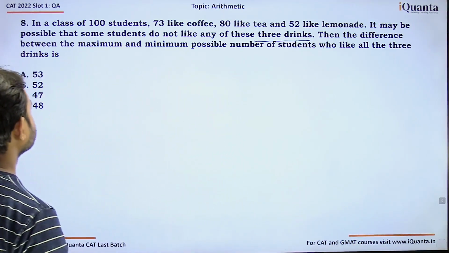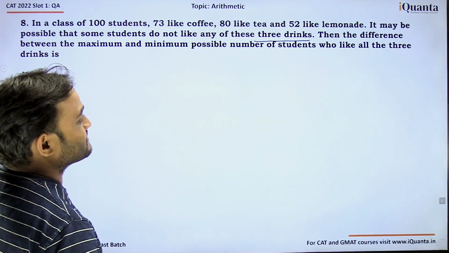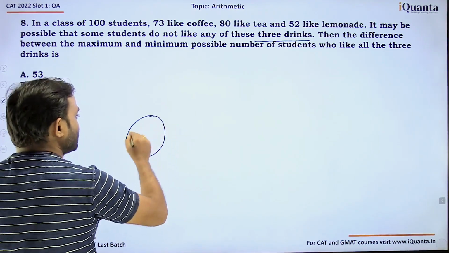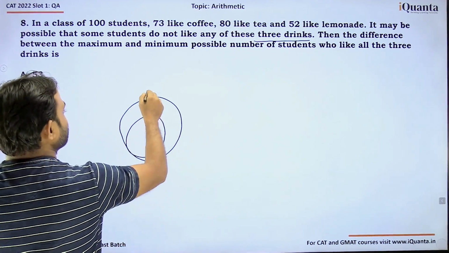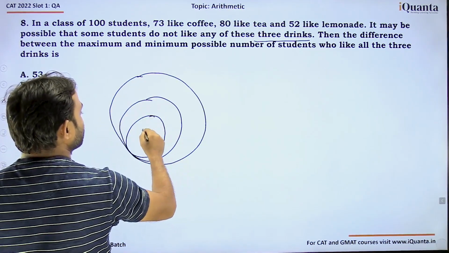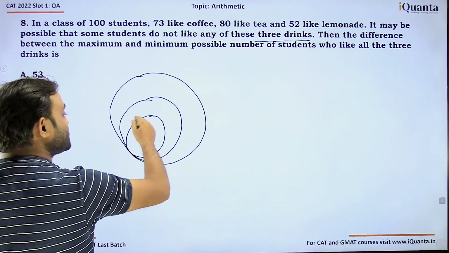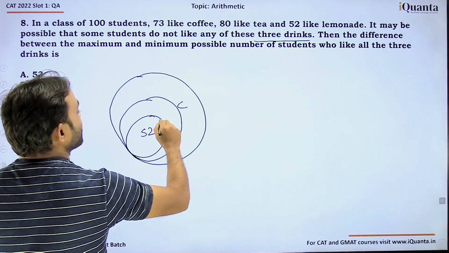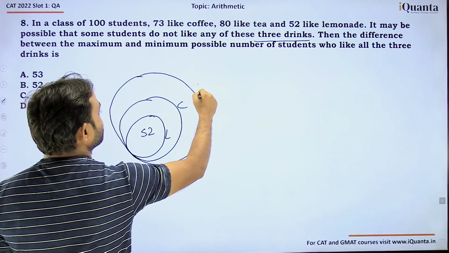So it's possible that out of 100 students, if we want to maximize the number of students who like all three, can we say this is lemonade, and out of these 52, and then 73. So we can say 52% like lemonade, and these 52% also like coffee, and again these 73% also like tea.